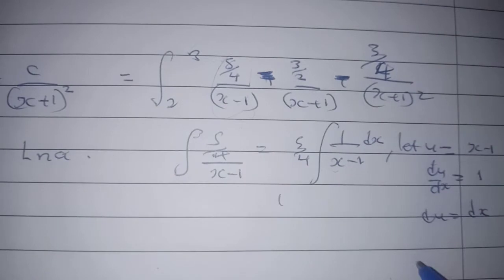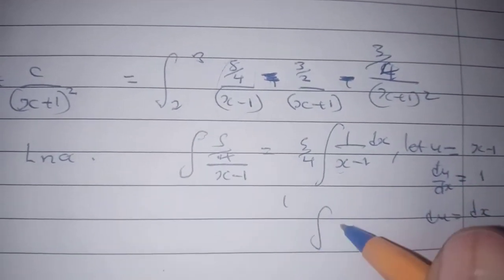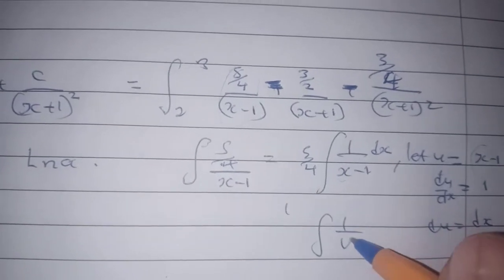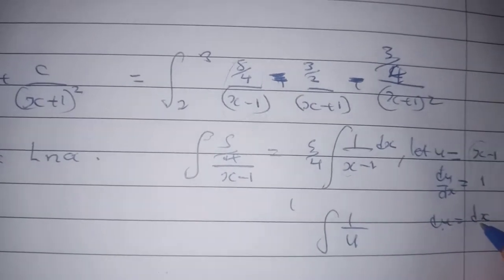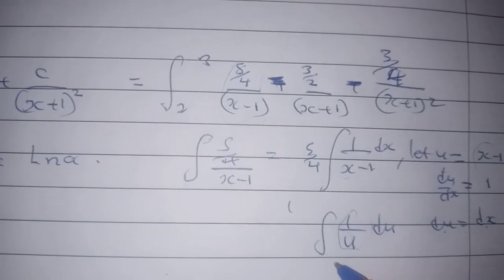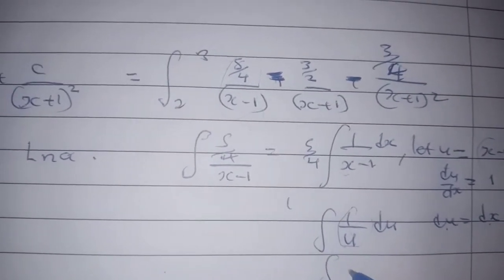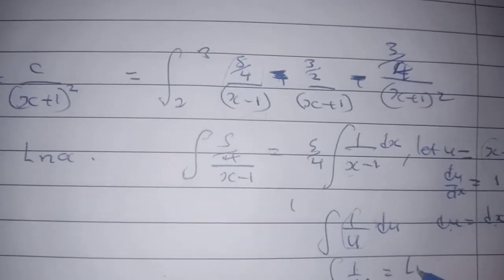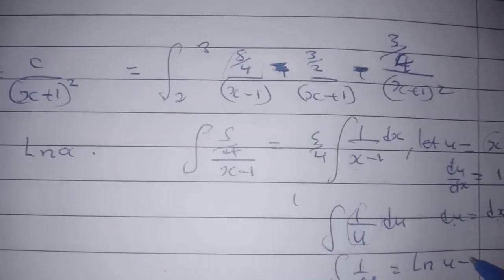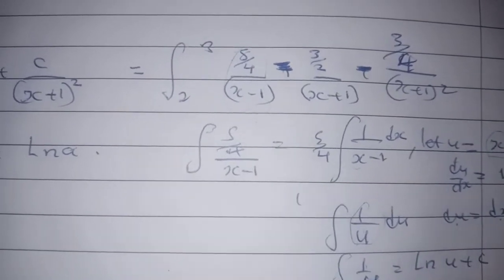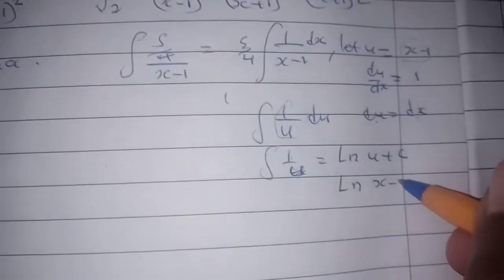It will be the integral of 1 over u du. The integral of 1 over u is just natural log of u plus c. But u was x minus 1. So this is just natural log of x minus 1.